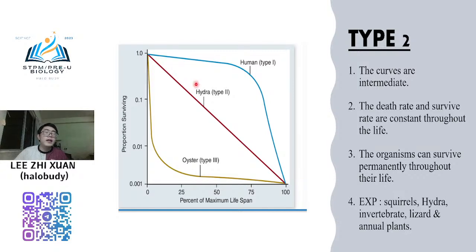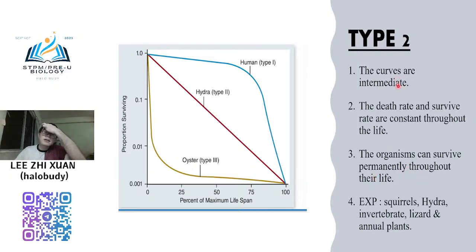Throughout their lifespan, the death rate is constant. There is no such thing as the death rate being very high in the early stage, or very low in the early stage. It is very constant. The probability is the same throughout. So the organism survives at a constant rate throughout its life.